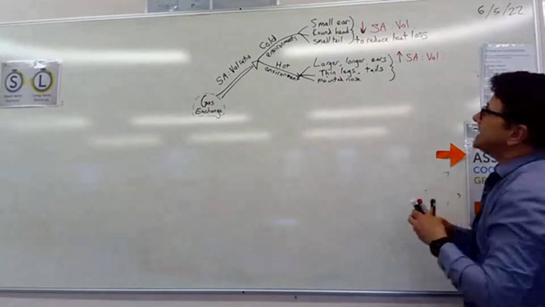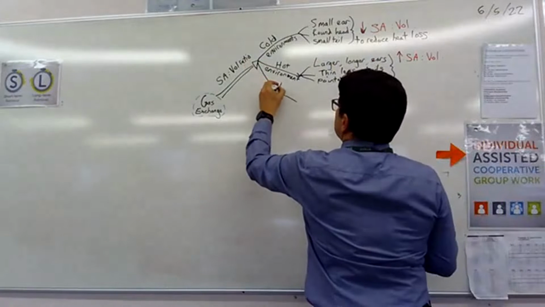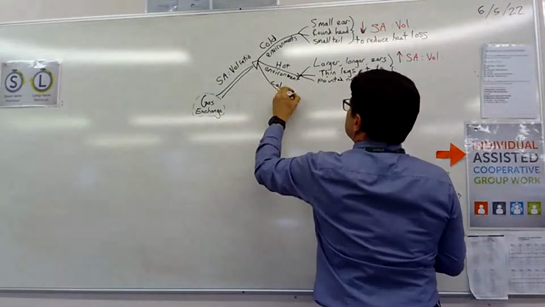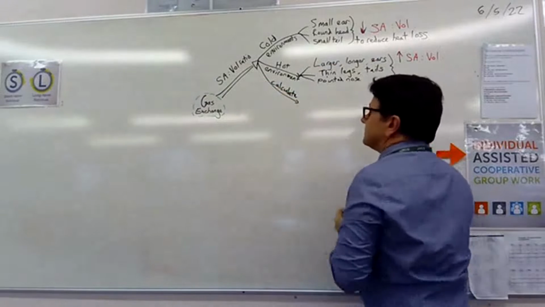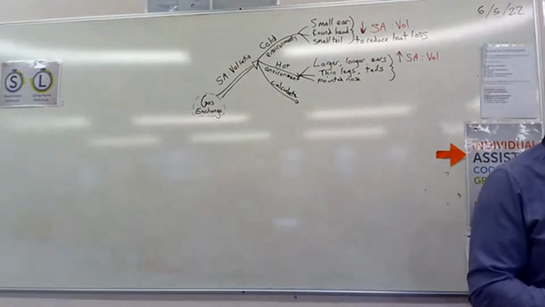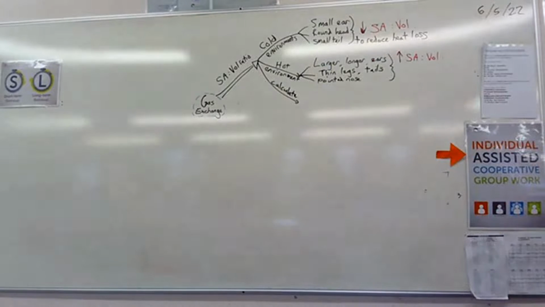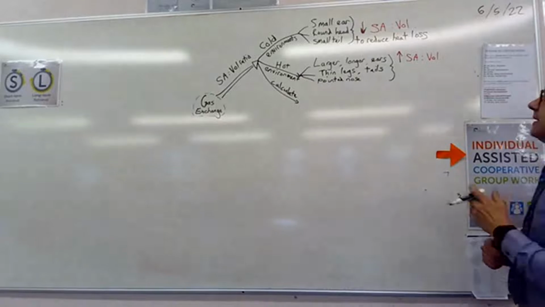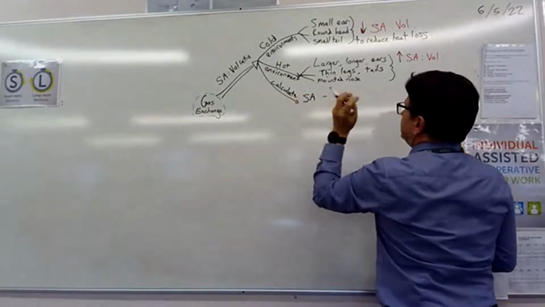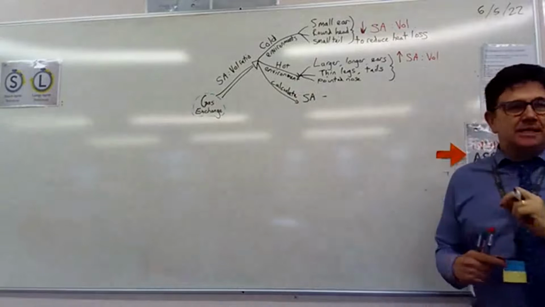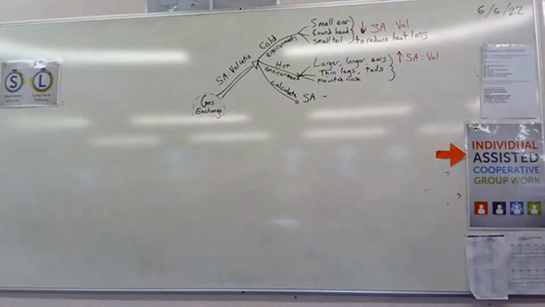Okay, you might be expected to calculate surface area to volume ratios. They'll do a 1 to something ratio usually. So surface area, it depends on the shape, but usually surface area is, does anyone know what the calculation is?